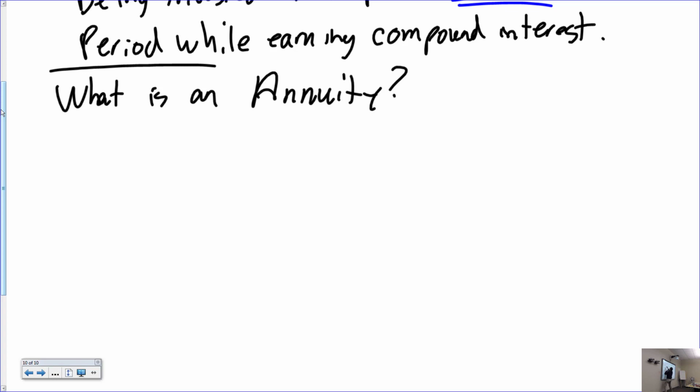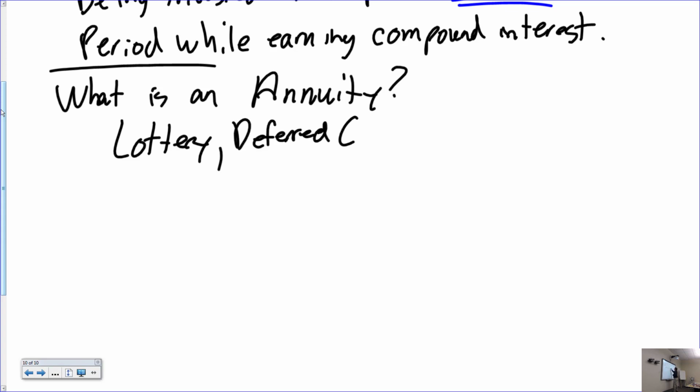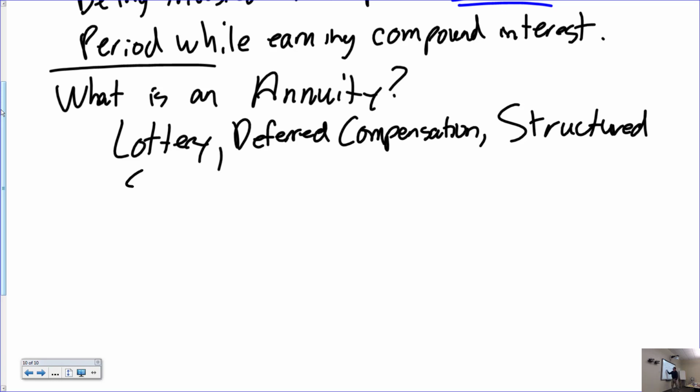Okay, so one type of annuity is like a lottery, or what you can think of more often is deferred compensation. Or if you've ever been in an accident, a structured settlement, where you're going to get paid a certain amount of money every period.